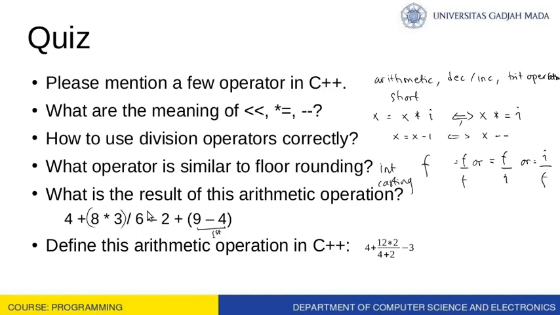Okay, and then the division. After the division, we can do the summation or the subtraction. I will take the summation first, and then I will do the subtraction, and then I will do this operand and this operand.